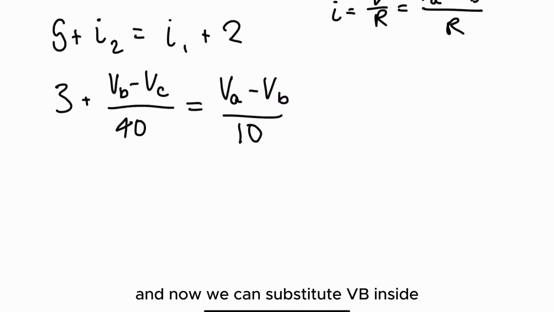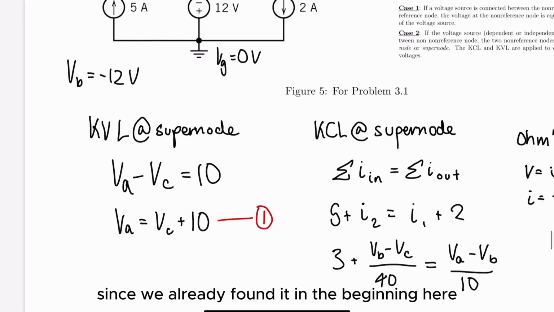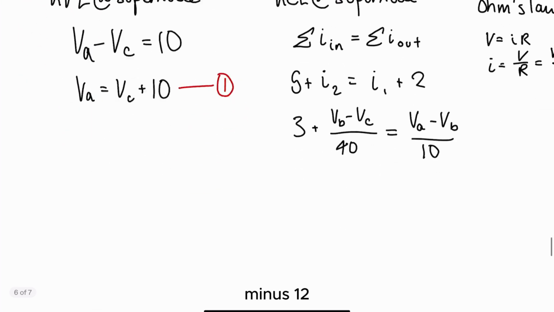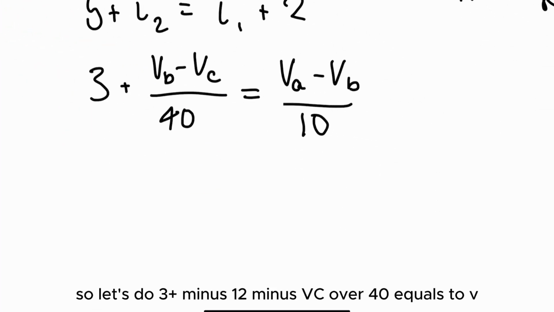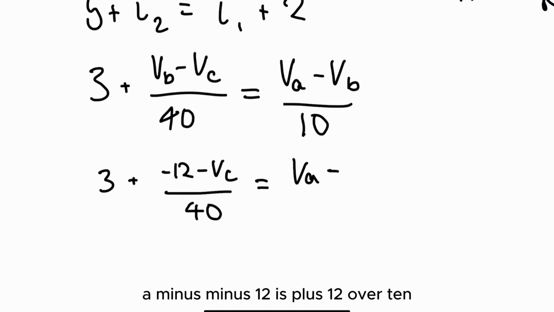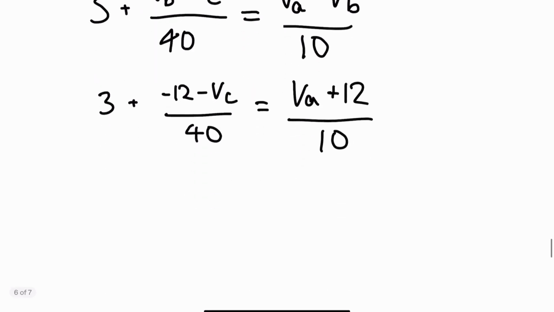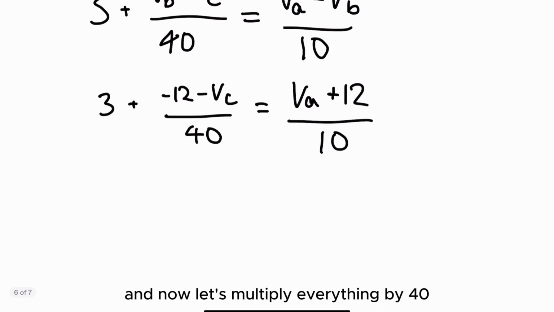And now we can substitute VB inside since we already found it in the beginning, minus 12. So let's do 3 plus minus 12 minus VC over 40 equals VA minus 12, which is plus 12, over 10. And now let's multiply everything by 40.